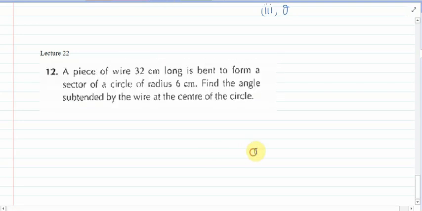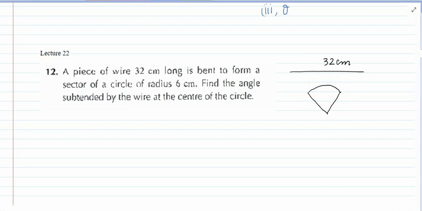The question says a piece of wire 32 centimeter long is bent to form a sector. Now read it again. A piece of wire that is 32 centimeter long is bent to form a sector. That means that we bent it in such a way that it makes a sector, right?